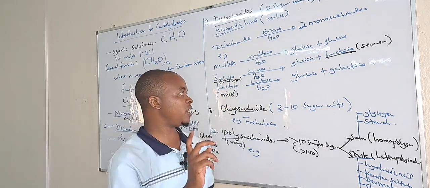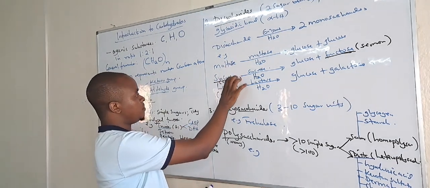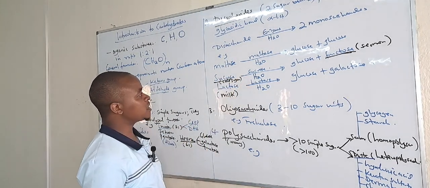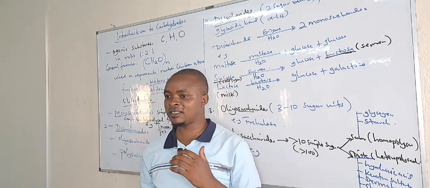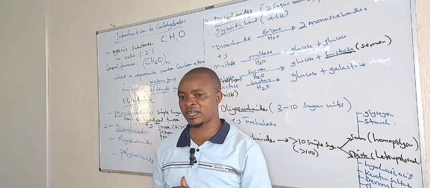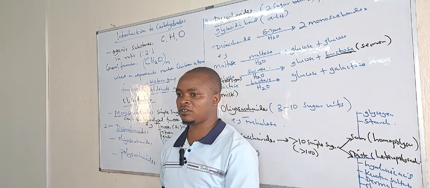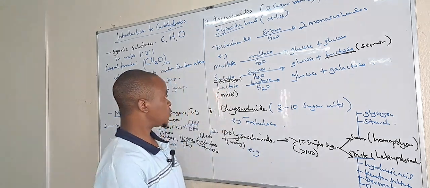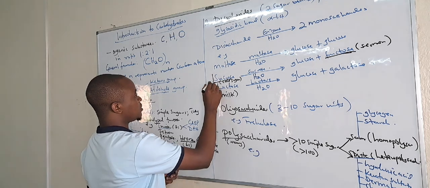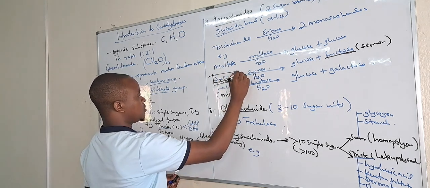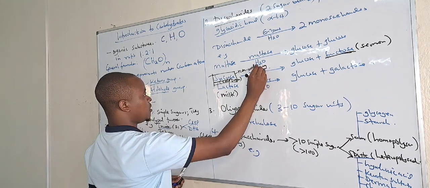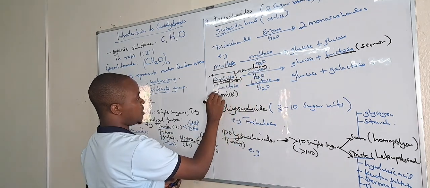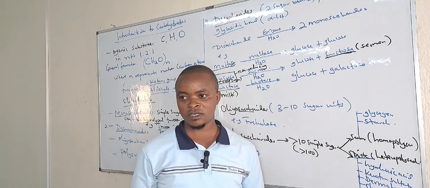Then maybe briefly, what I can remind you here, they can ask you which of the following disaccharides is non-reducing. We know that sucrose is a non-reducing sugar, whereas maltose and lactose are reducing.